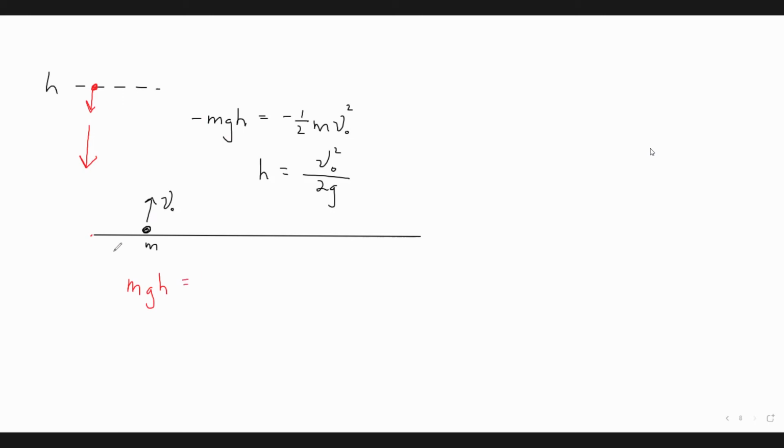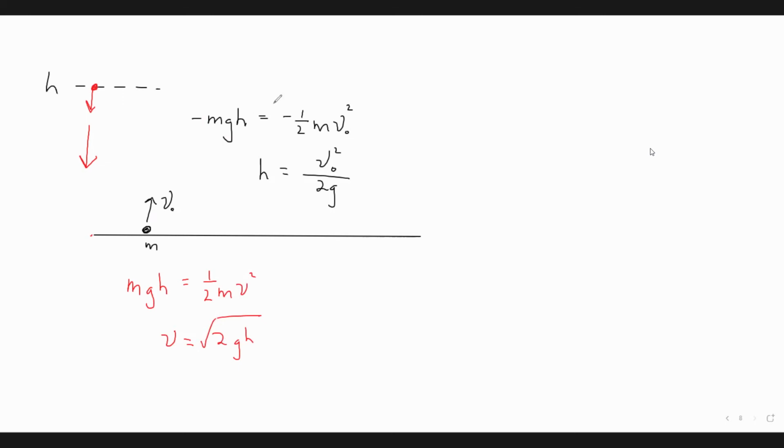It hits the bottom going at speed, let's just call it v, and its initial kinetic energy was 0 because it wasn't moving. So how fast is it going when it hits the ground? It's the square root of 2gh. Again, completely trivial.